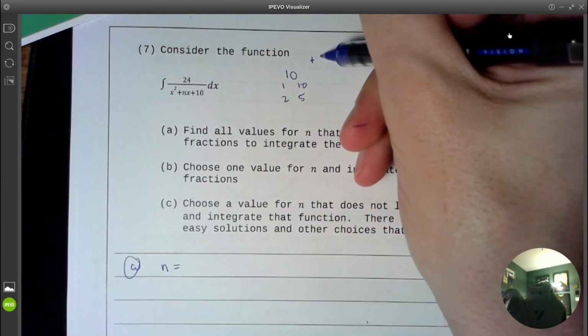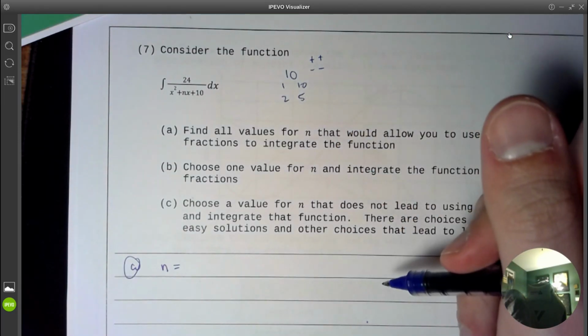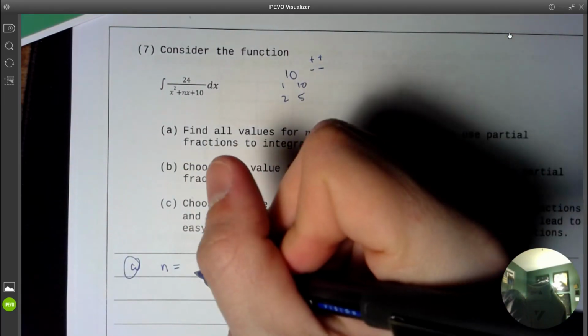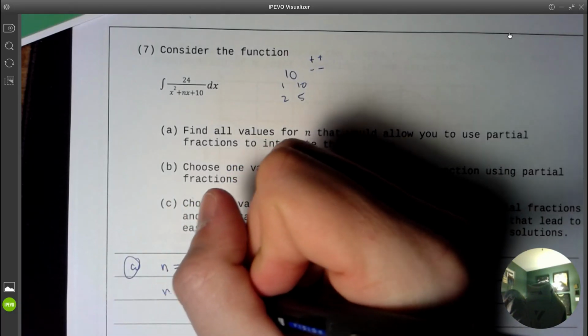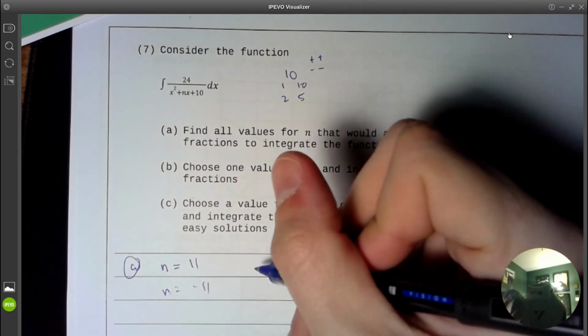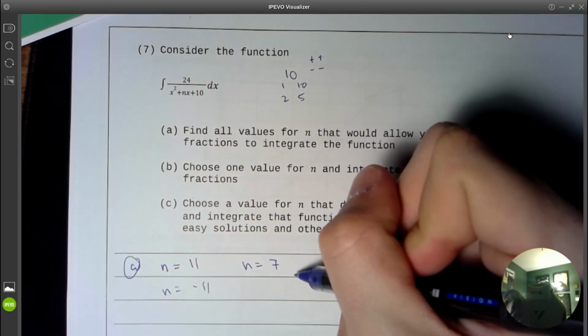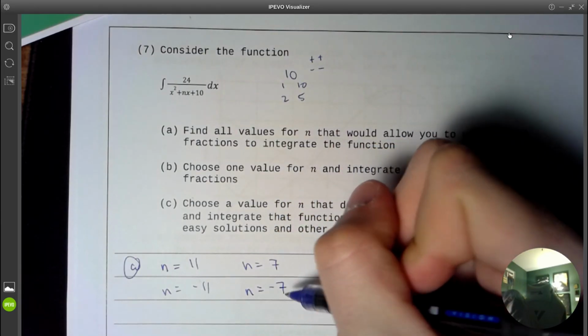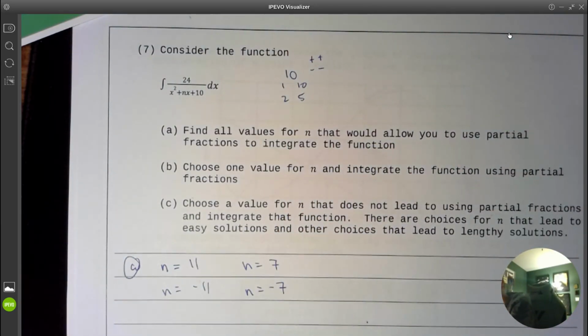It's plus, so it could be plus plus or minus minus. So my options would be n equals 11, n equals negative 11, n equals 7, n equals negative 7. Those are my only options.